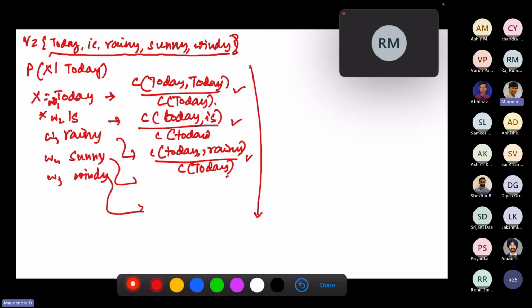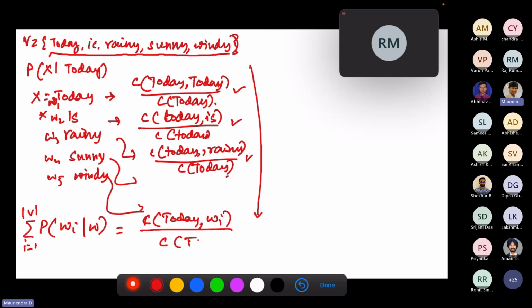The summation of probability of Wi given W, for i equal to 1 to size of V, which is 5 here, is equal to count of today followed by Wi divided by count of today.